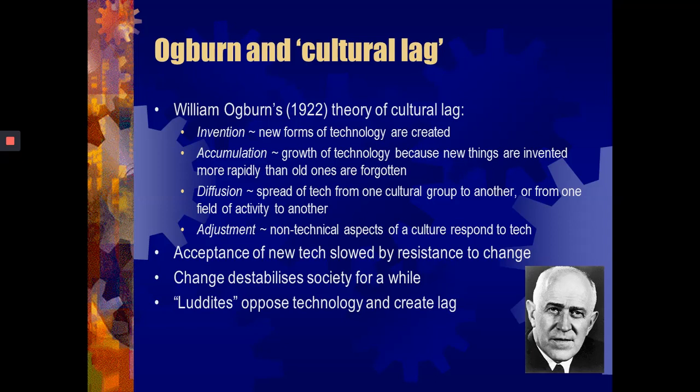So they are very resistant to members of that particular denomination within Islam using television. Ironically, they do use the internet and computers, which is, if anything, probably worse than television. But again, the way groups adapt to some forms of technology but resist other forms of technology is the kind of thing that Ogburn is exploring.